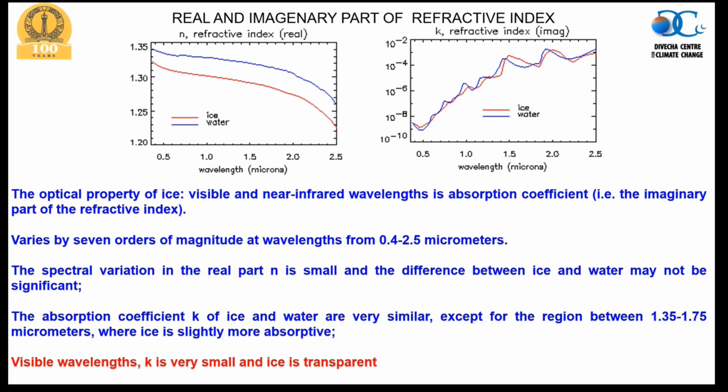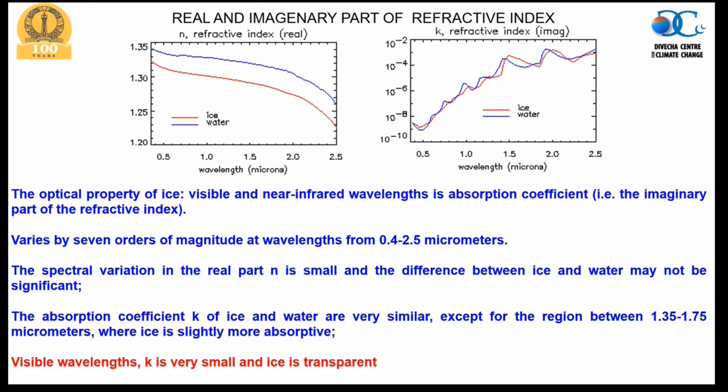So in the visible spectrum K is very small and ice is transparent. If it is that small and ice is transparent, then why does snow look very white? That is the question. If you put a glass on a table that has a black top and look through it, it will look black, isn't it?